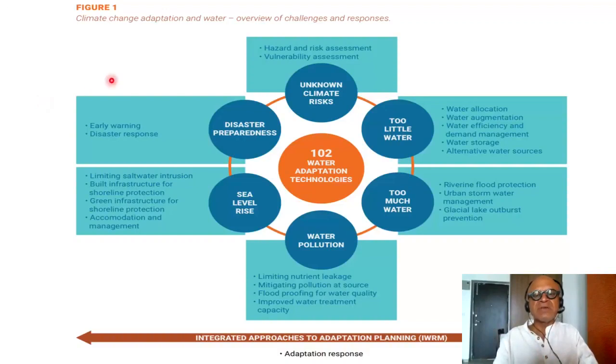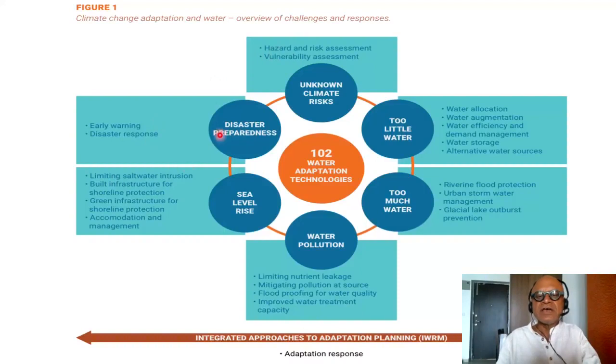So let's start with this schematic on water adaptation technologies, climate change adaptation and water overview of challenges and responses. Integrated approaches to adaptation planning. This is the International Water Resource Management ideas, resources. They're schematic, so adaptation responses are starred here.